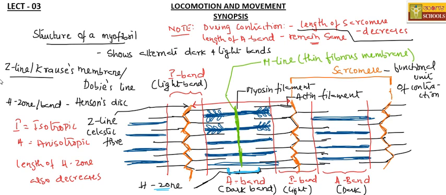From the Z line to Z line is the functional unit of contraction, what we call a sarcomere.